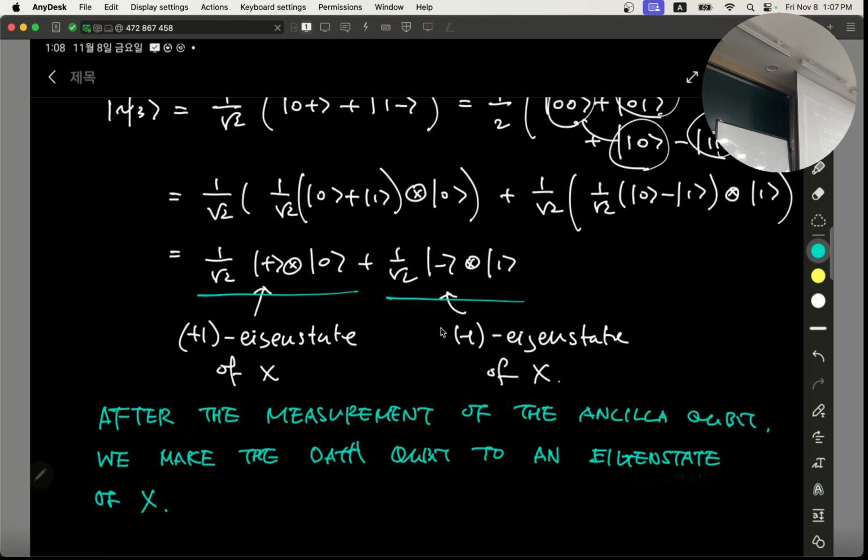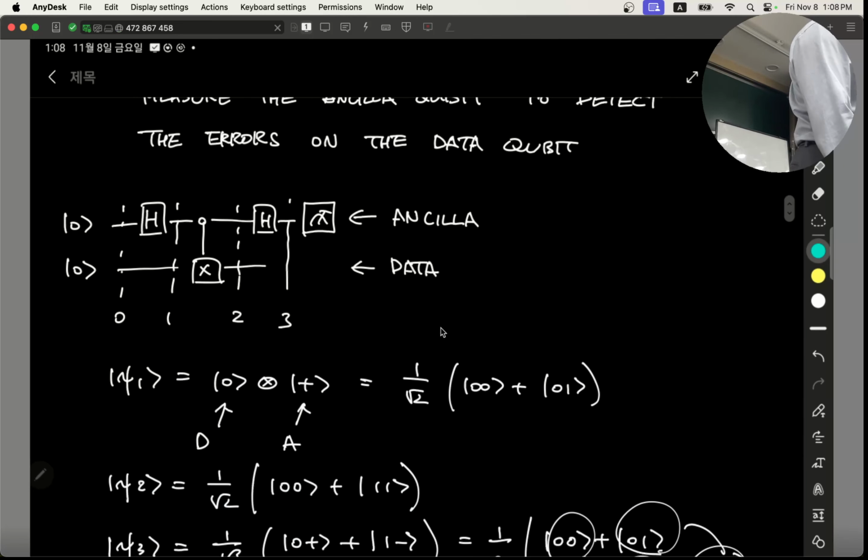And then I measured it again. So if nothing happened, then I should read 0. What I do is go through this circuit again, from the state where I changed it to an eigenstate. If nothing happened, then I should measure 0 when I measure the ancilla. Why?